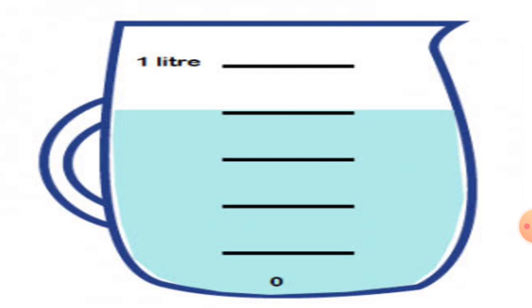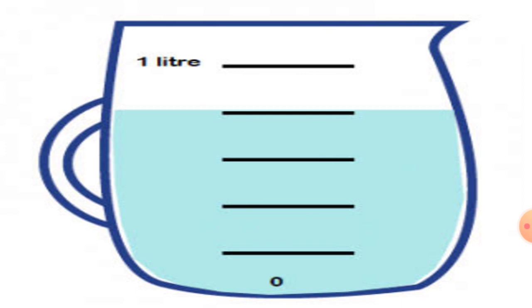Okay, let's look at this jug again. It is filled with liquid. Could be juice, could be any other type of liquid. Now they wrote 1 liter at the top. Can we count the lines from the bottom? 1, 2, 3, 4, 5. 5 lines.